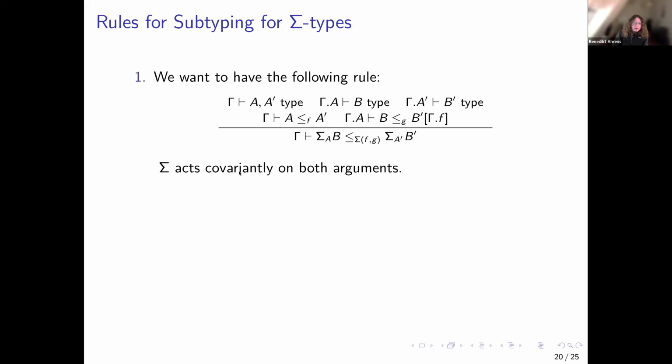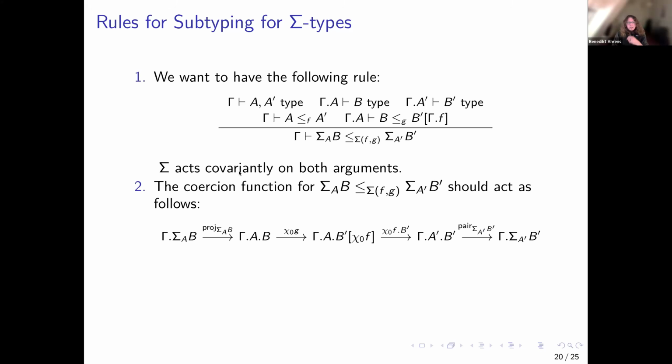Sigma, of course, should act covariantly in both arguments, A and B. And what is important is that this type morphism that we want to produce here should be compatible with projection and pairing. In particular, when we view a type morphism as a context morphism, there should be a commutation happening.